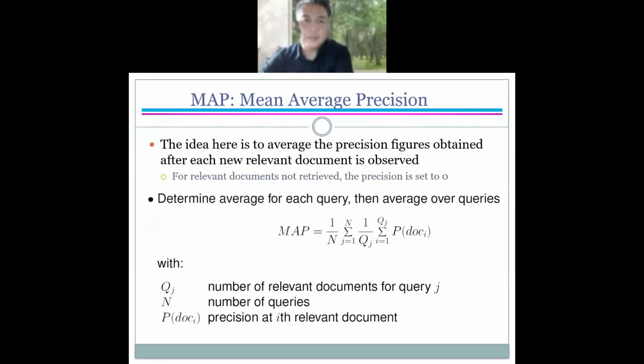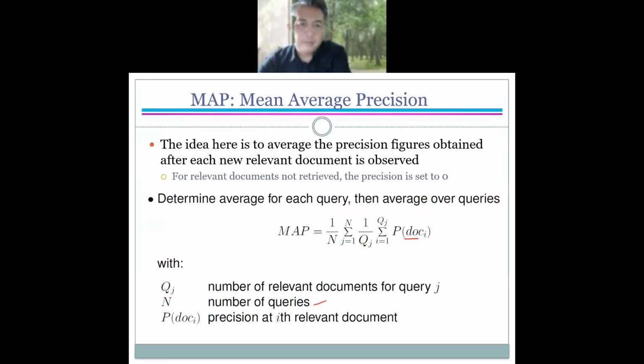Okay. So when I ask which one is better, we are talking about the mean average precision. We look at the number of documents that we have, and also the number of queries, and we are looking at the precision at that particular point.